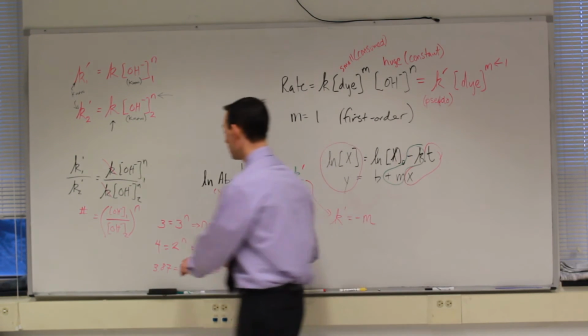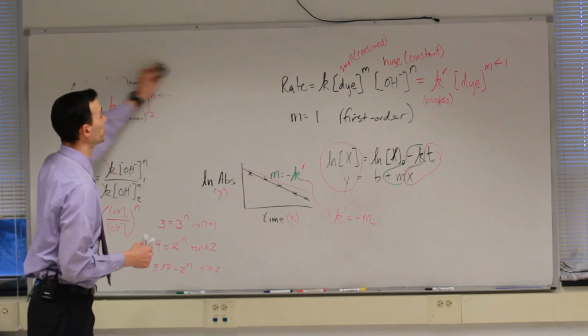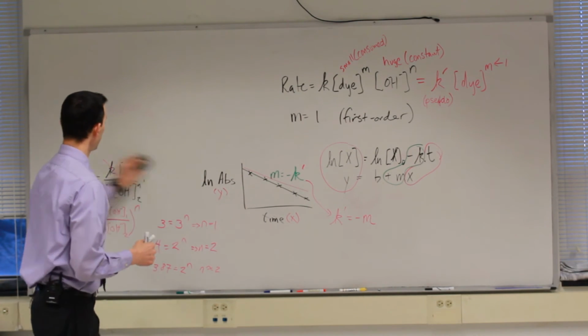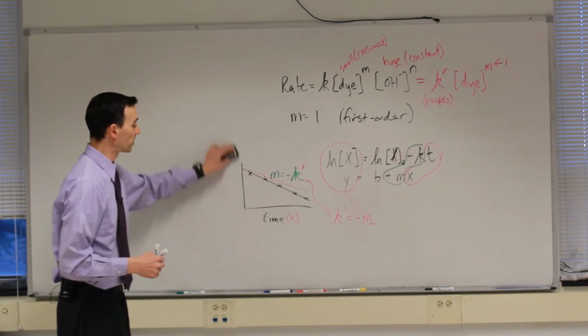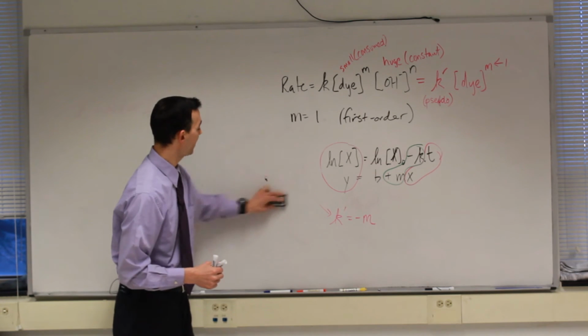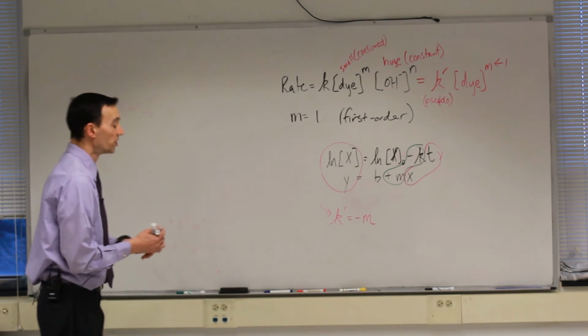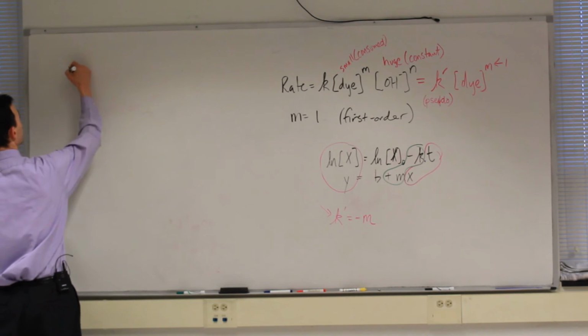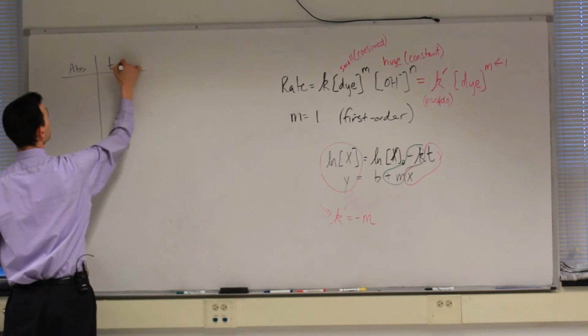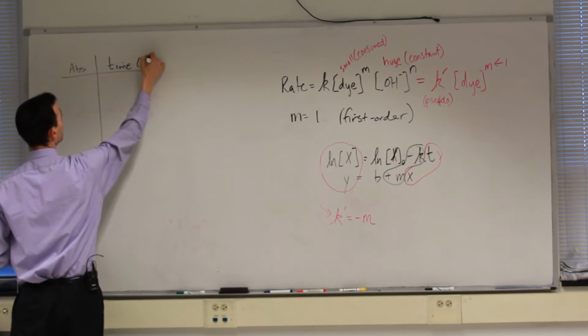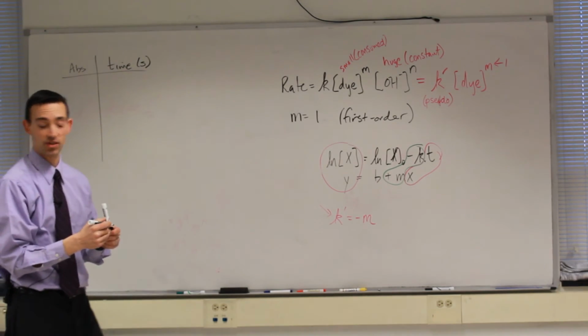Okay, so let's talk about the specifics of the procedure then. It's pretty straightforward. The data that we're collecting is going to be used to make these graphs that I'm erasing right now. You're going to generate data for absorbance of your solution versus time. You want to keep track of that time in seconds or minutes.